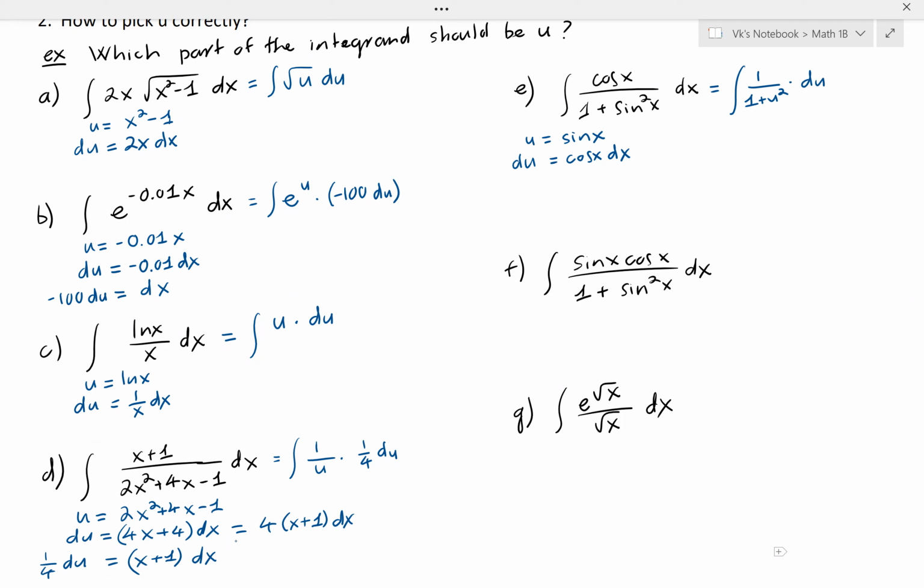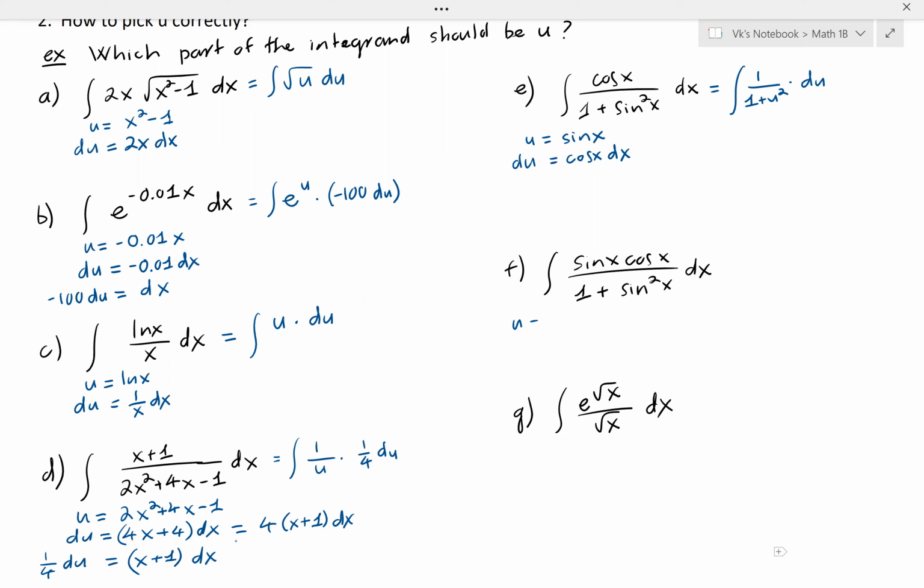Well, for the next example, it does look very similar. We just multiply sine x into cosine x over 1 plus sine squared x. In this case, we have to somehow get rid of the numerator. Then notice that the derivative of sine squared x is 2 sine x cosine x. So it does the job for us.